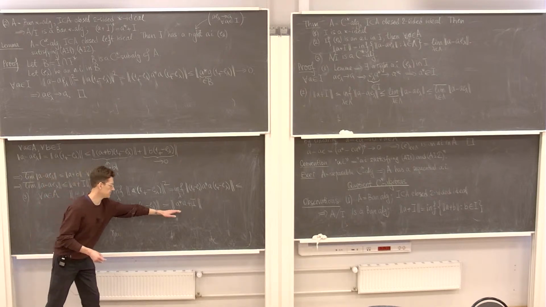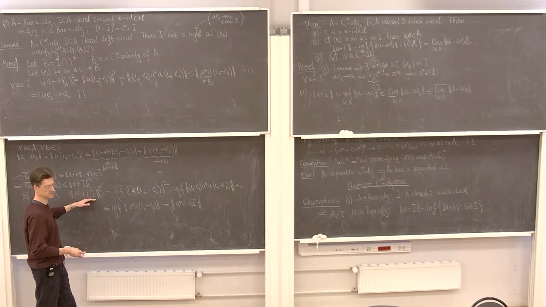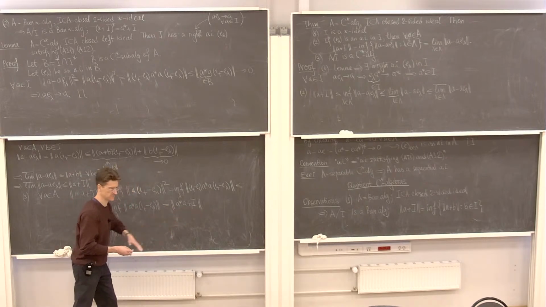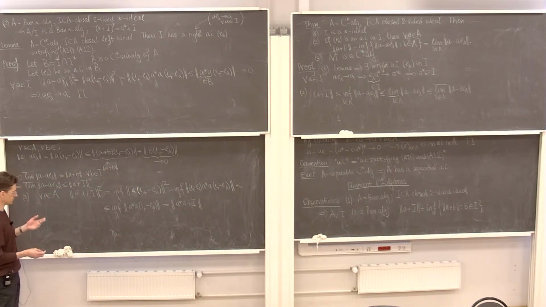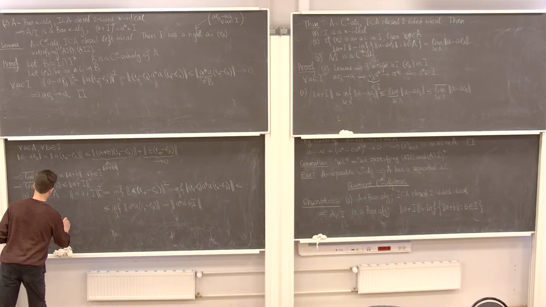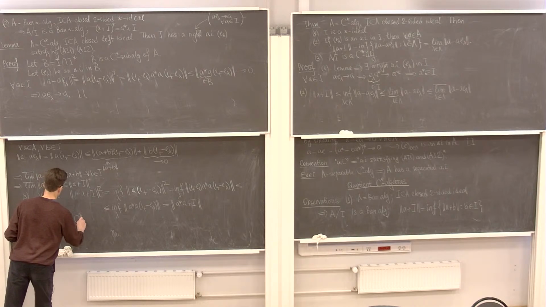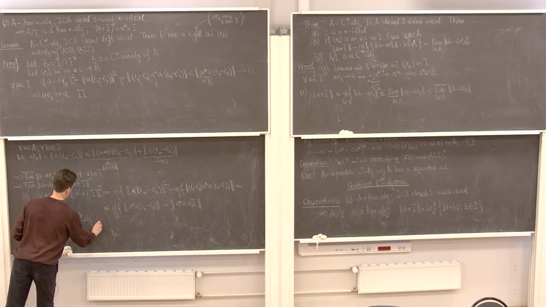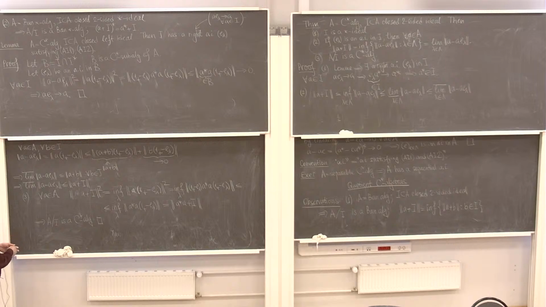So we have this inequality. The square of the norm of this element is less than or equal to the norm of this element. And we have already seen some time ago that this inequality implies that our quotient is actually a C-star algebra. A modulo I is a C-star algebra. And this completes the proof.